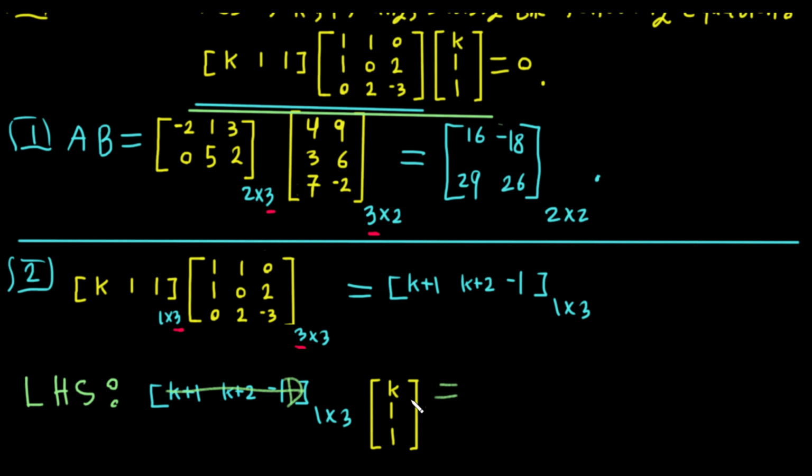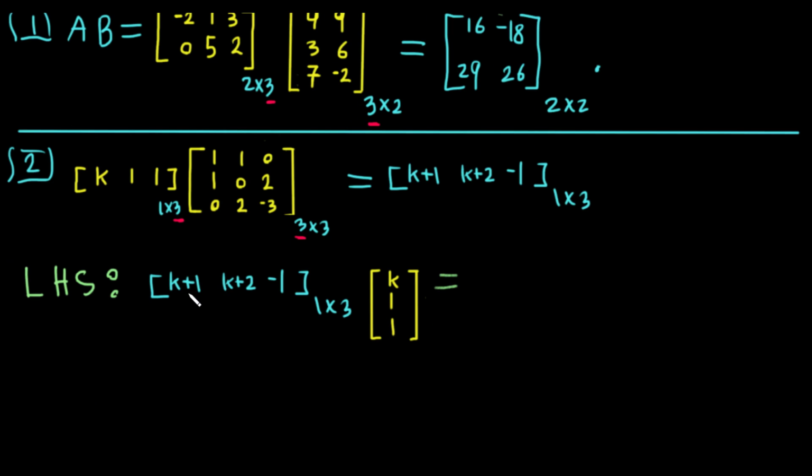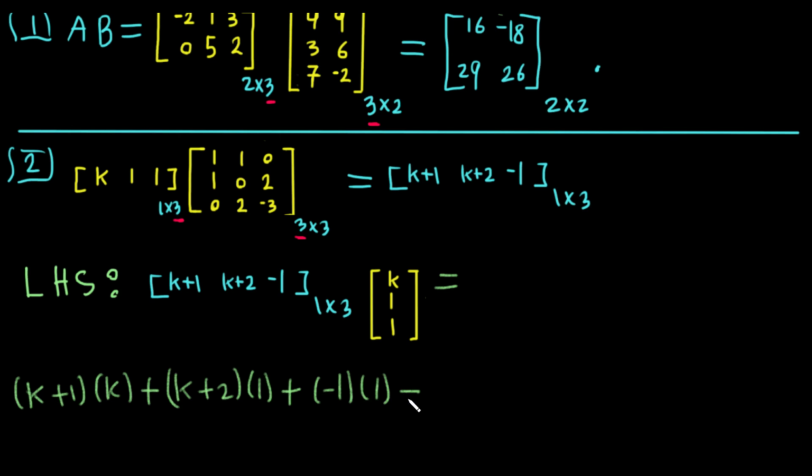Let's do it now. Multiply this row by this column. So this one multiplied by this one: k plus 1 multiplied by k, plus k plus 2 multiplied by 1, plus negative 1 multiplied by 1. Equal multiplying these together.